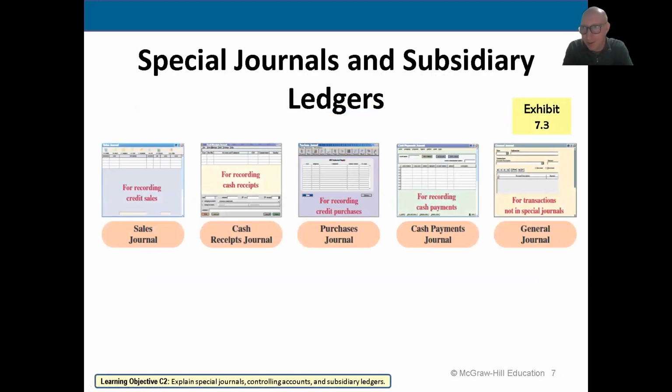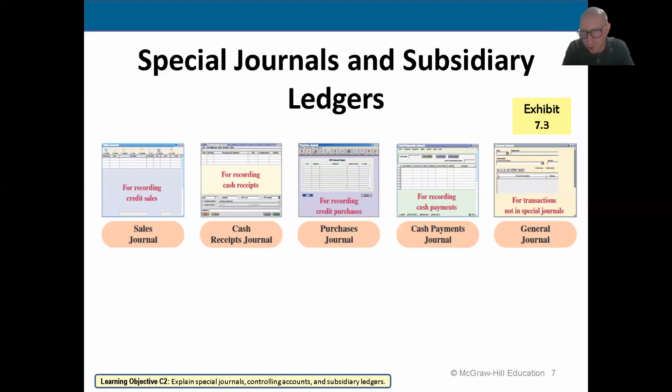what you would see in an accounting information system like QuickBooks, you'll see a lot of ledgers and subsidiary ledgers. A ledger is quite simply a list of all of your transactions.